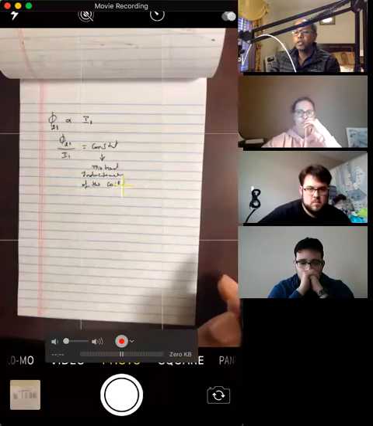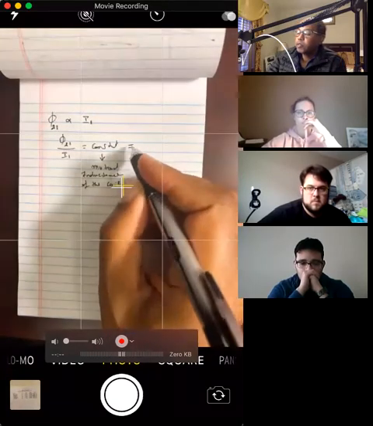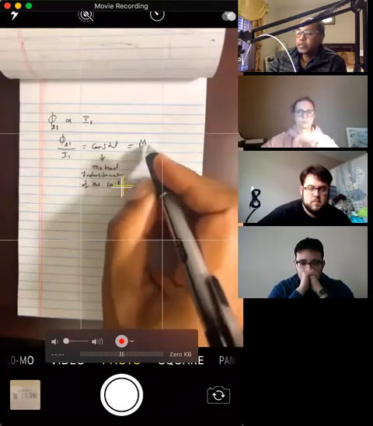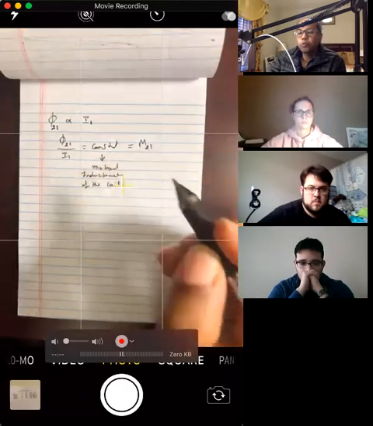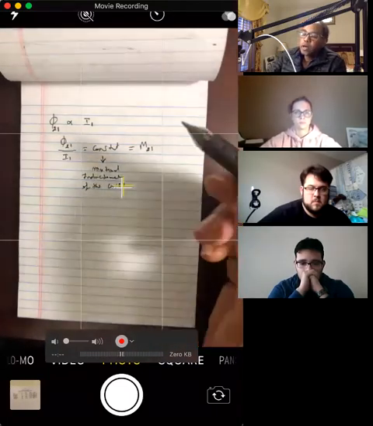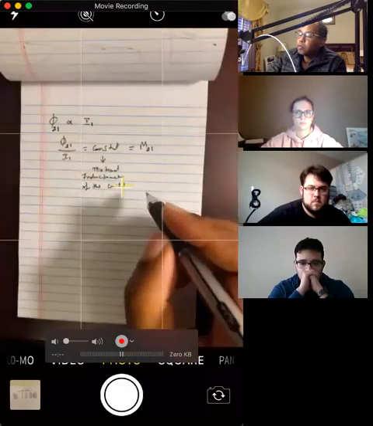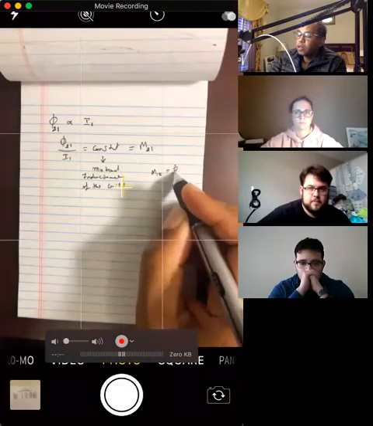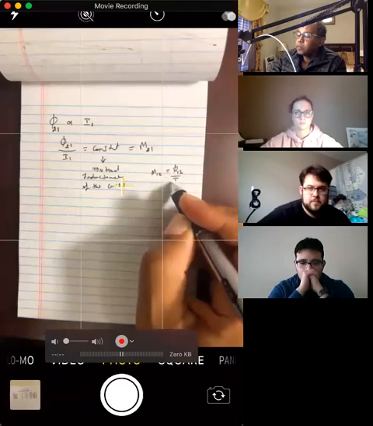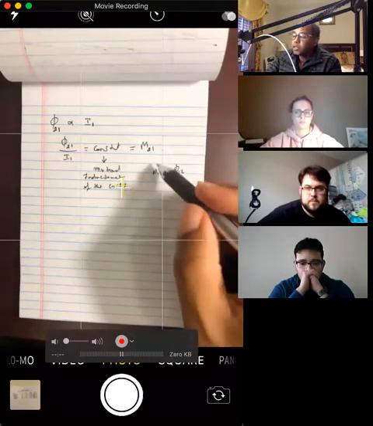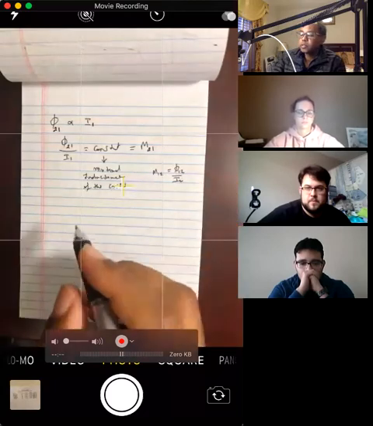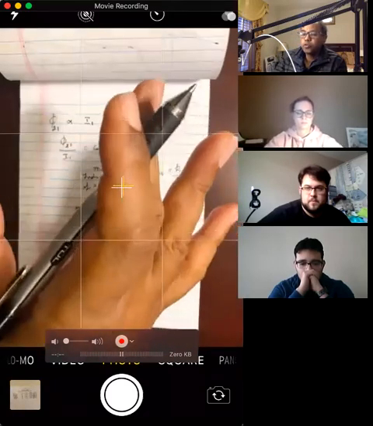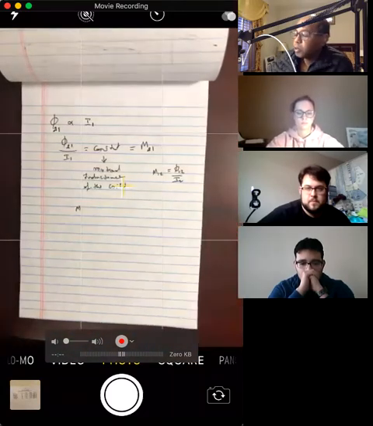Now we have two coils involved. So this is the mutual inductance of coil 2 with respect to 1, denoted M21. You could do the same thing for coil 1: M12 is also phi 12 divided by I2. But it can be shown that these are actually equal. So we're just going to say this is a property of the geometry of the two coils, so it's a constant.